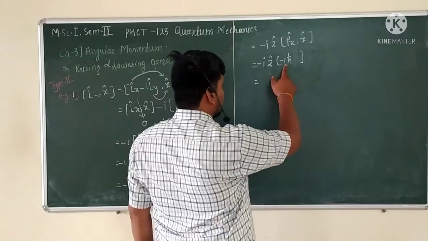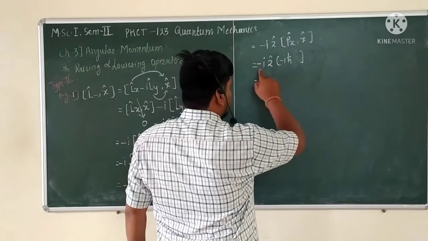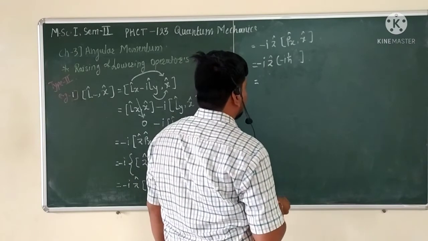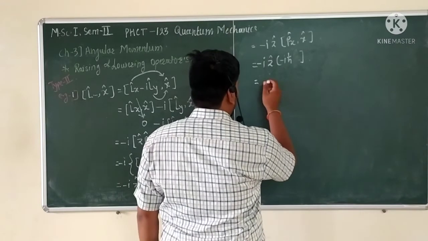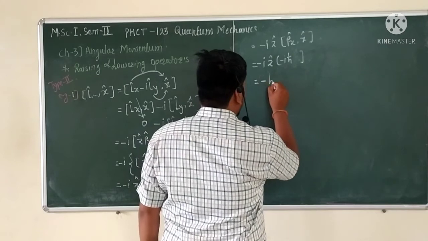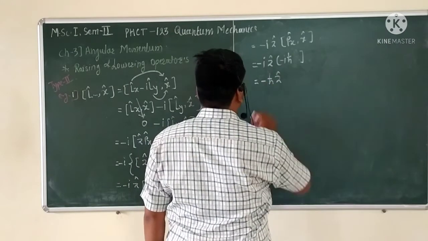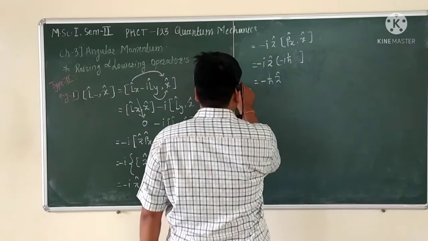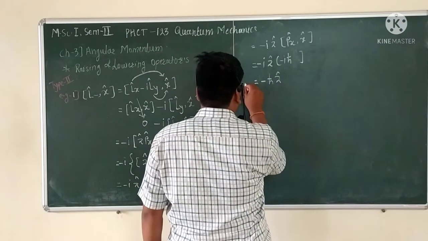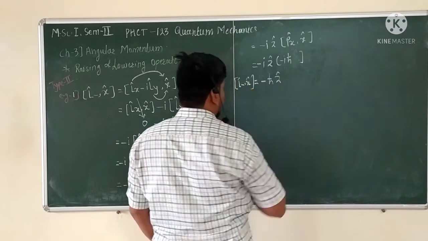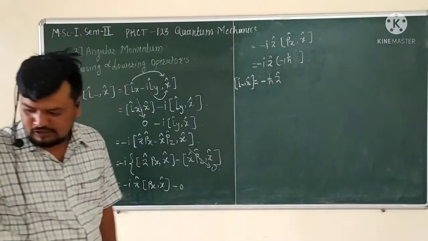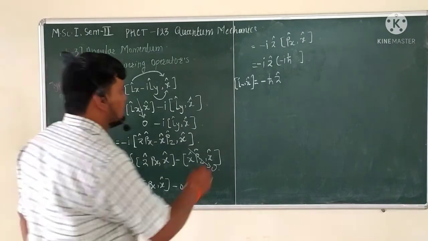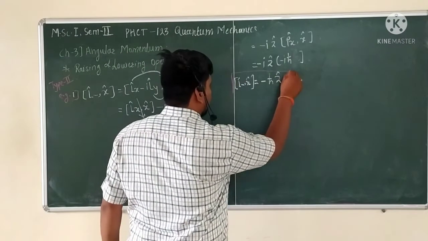Minus into minus is plus, and I into I is I square, whose value is minus 1. So the final result is minus h cross of z cap. That solves the bracket L minus cap comma x cap, and the final result is in front of you: minus h cross of z cap.